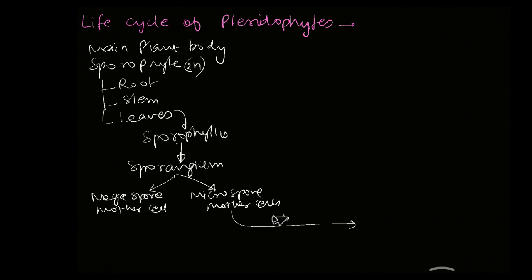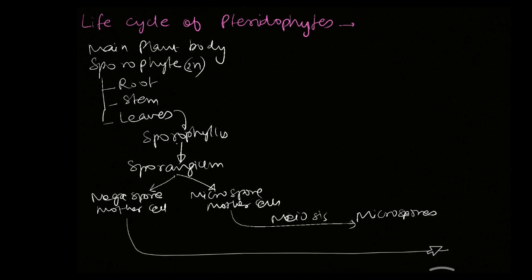By the meiosis division, the microspore mother cells form the microspores, and the megaspore mother cells form the megaspores.